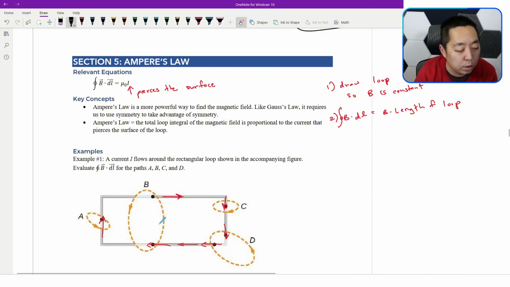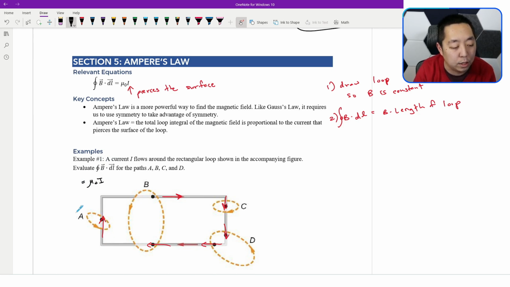We want to know what that line integral around there is. Well, it doesn't matter what it is. Ampere's law says that this total line integral is going to be mu naught times I, where I is the current going through the loop. So for A, it's equal to mu naught times I, because you have I going through here. For B, you have I going this way and I going this way.